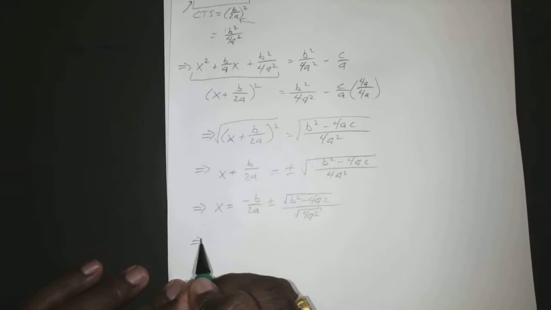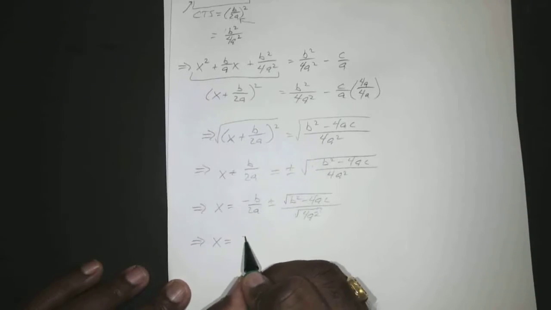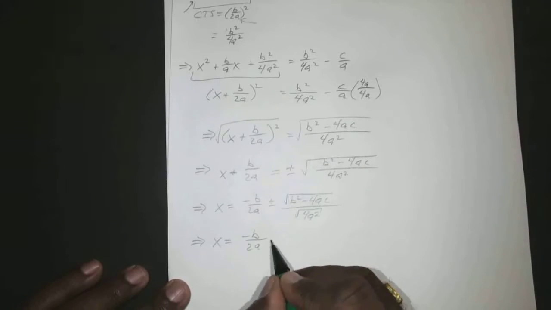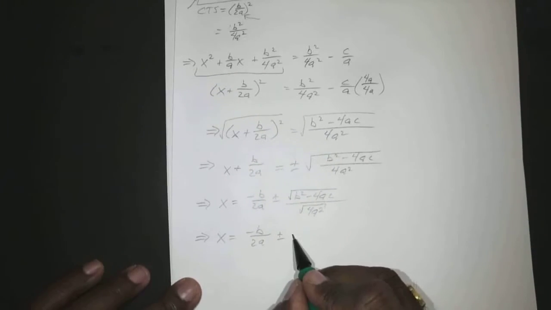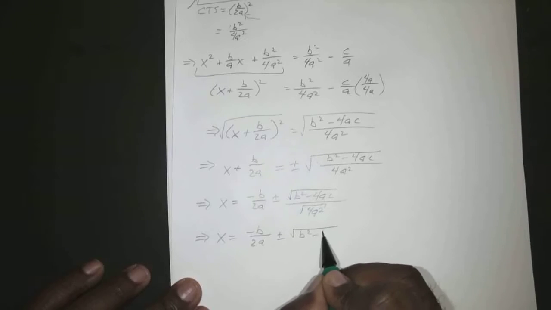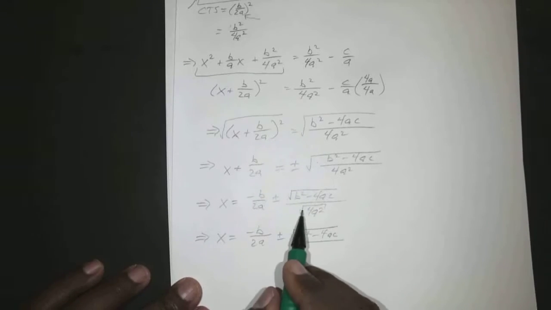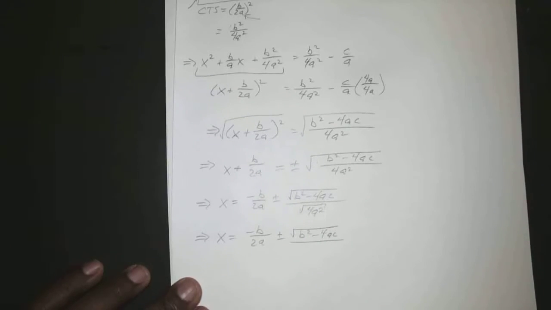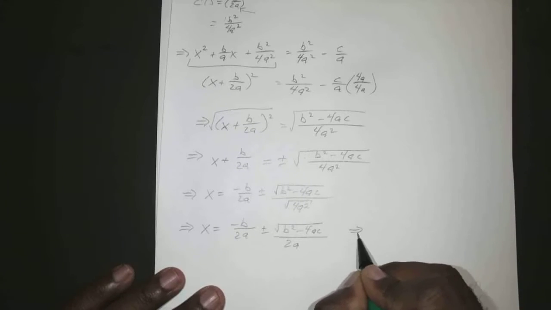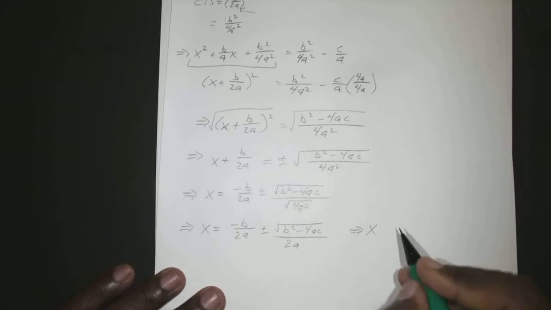All right, so we end up with x equals negative b over 2a plus or minus the square root of b squared minus 4ac. The square root of 4a squared is 2a. So you can actually just combine those into one equation.